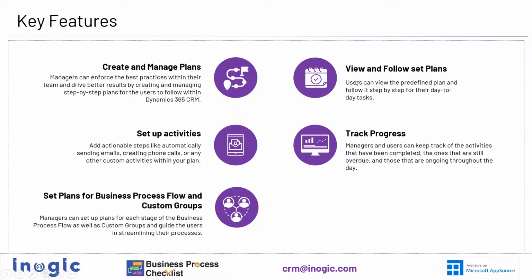With that being said, let's deep dive into a live demonstration of the business process checklist solution, where we'll explore most of the features that I mentioned in action. We'll also see firsthand how this tool can streamline your business processes and enhance productivity across the board.